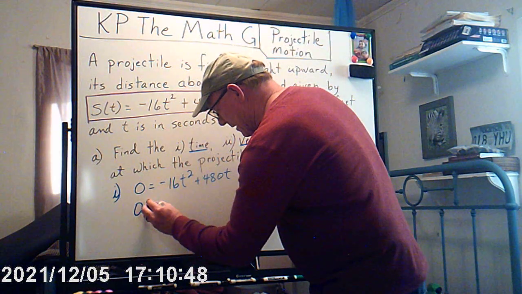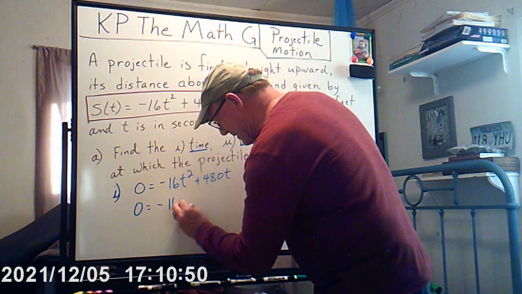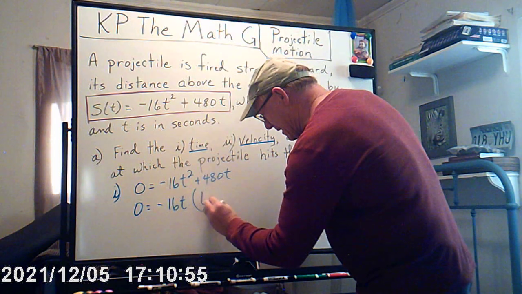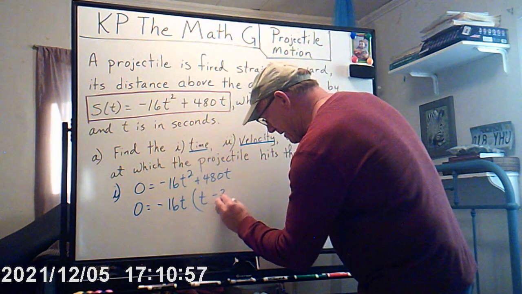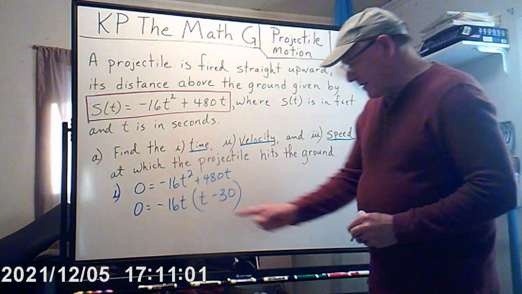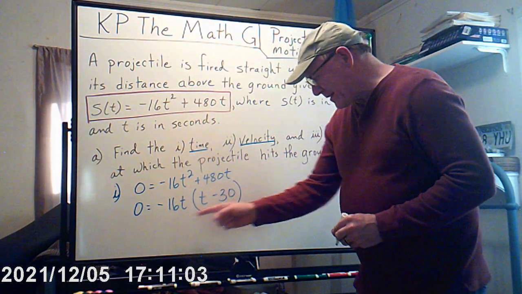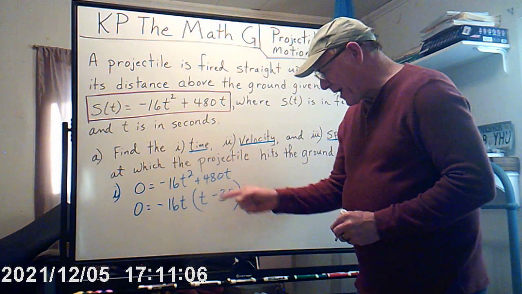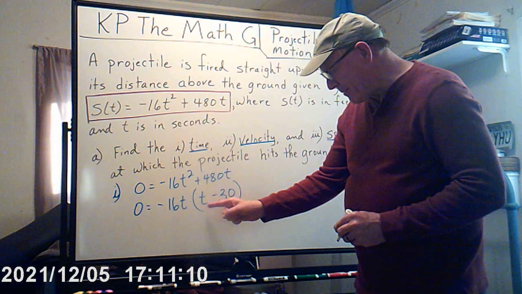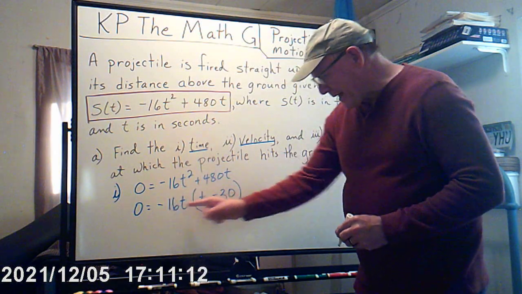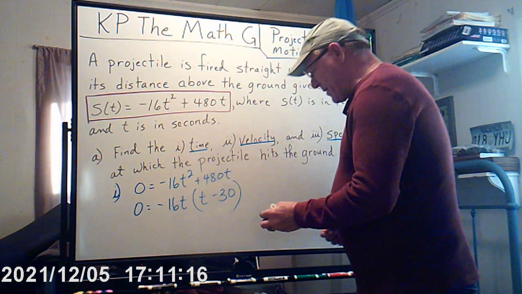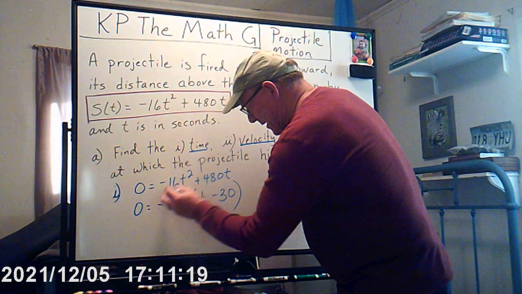So 0 equals -16t times (t - 30). 16 times 3 is 48, and 16 times 30 is 480. Just remember, we took out a negative, so a negative times a positive is a negative, and a negative times a negative is a positive. We set both factors equal to 0.